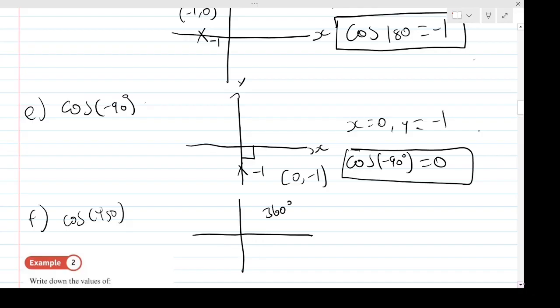So we go back to where we are there. We go back to where we came from at 360. And then we need to do another 90 after that, right? And we end up again on the positive y-axis, because we did a full turn and then another 90-degree turn, which would be 450. So that'd be the angle there.